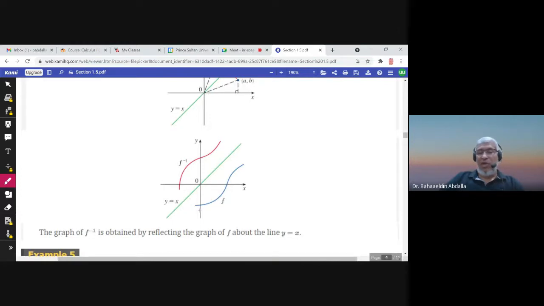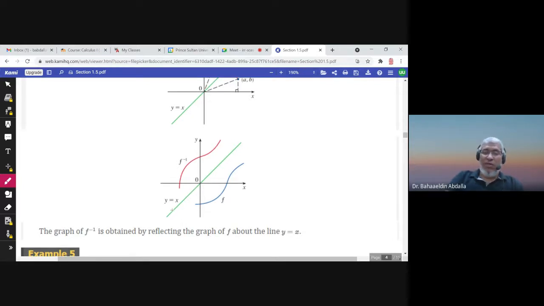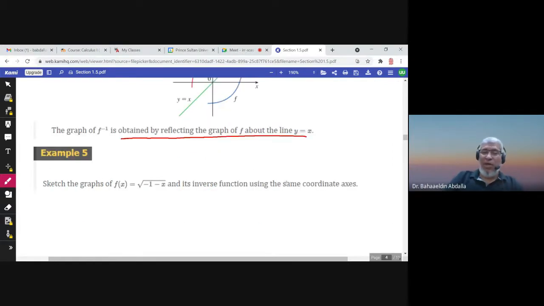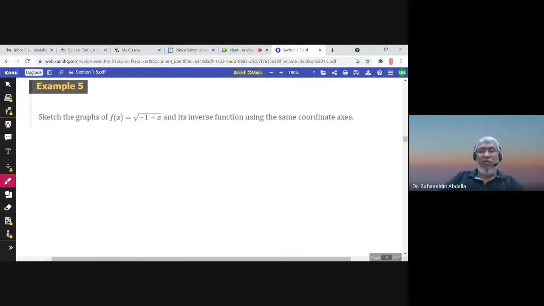So if this is the graph of f, to obtain the graph of f inverse, you reflect the graph of f about the green line y equals x. The graph of f inverse is obtained by reflecting the graph of f about the line y equals x. So for example, sketch the graphs of f and its inverse function using the same coordinate axis.